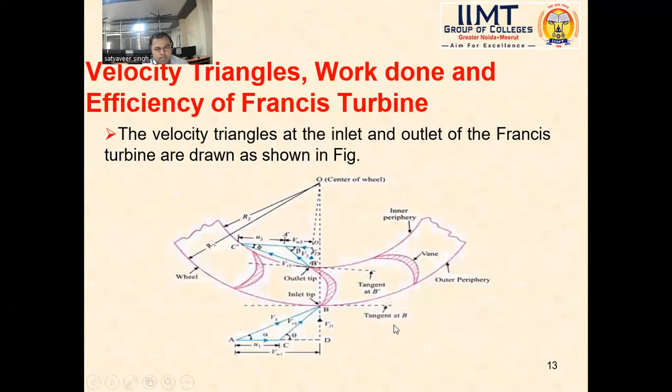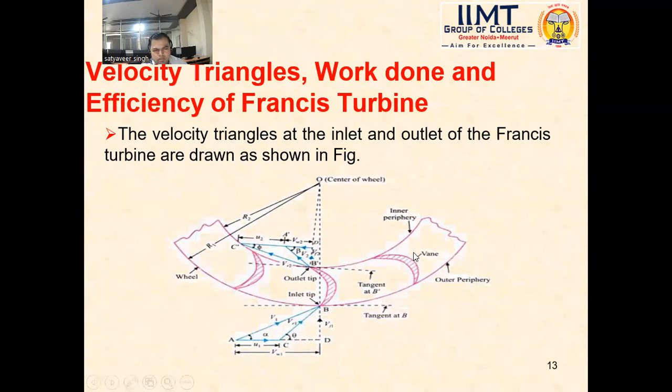This is the angle concerned. V1 is the absolute velocity at inlet, and V2 is the absolute velocity at outlet. VR1 is the relative velocity at inlet, and VR2 is the relative velocity at outlet. Similarly, we have two velocities, U1 and U2, the tangential velocity at sections 1 and 2 respectively.